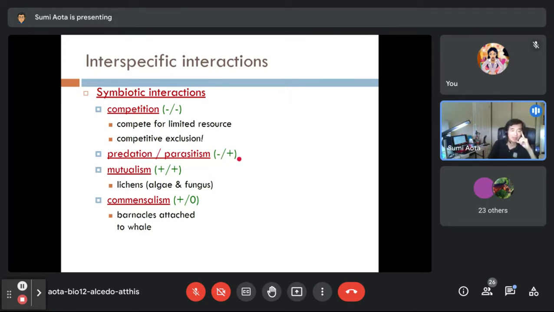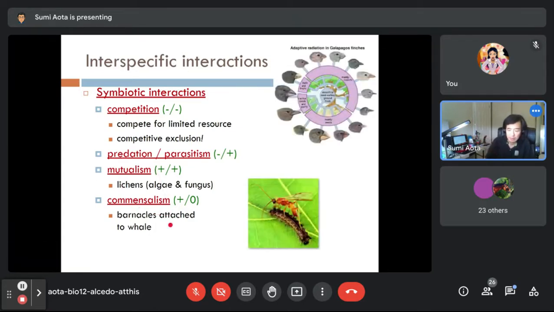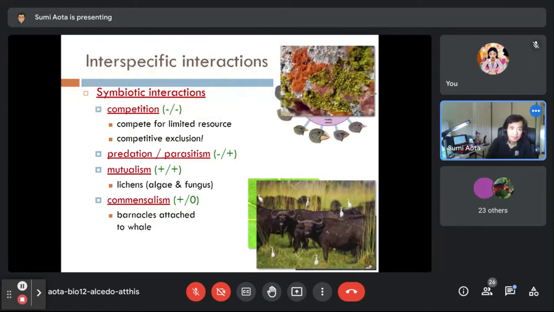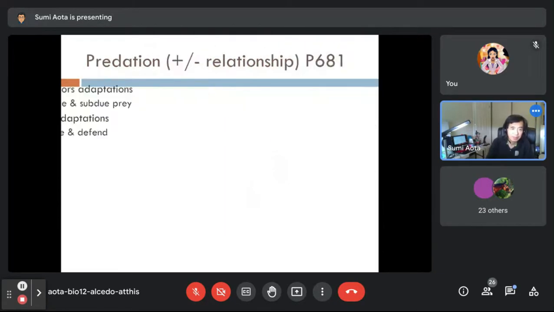One species gets an advantage that the other one does not. Mutualism, both species benefit, and commensalism, one species benefits and the other has no impact. Okay, so we're going to look at these three next. That's different examples of all of these things.